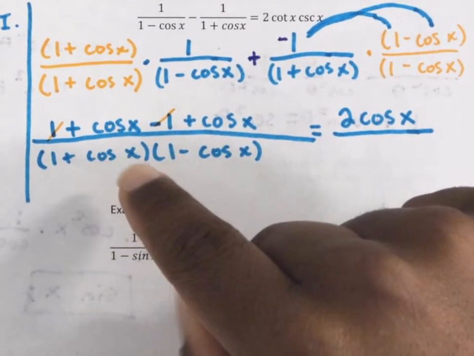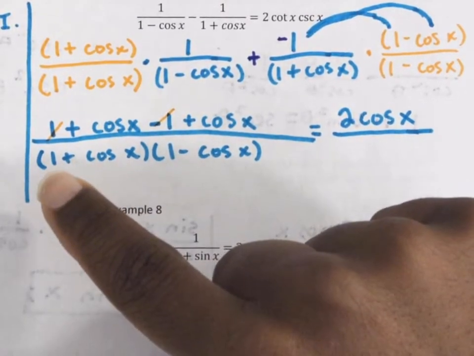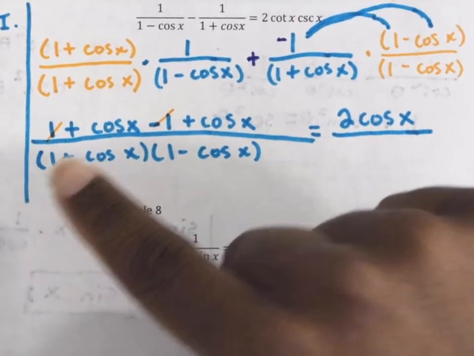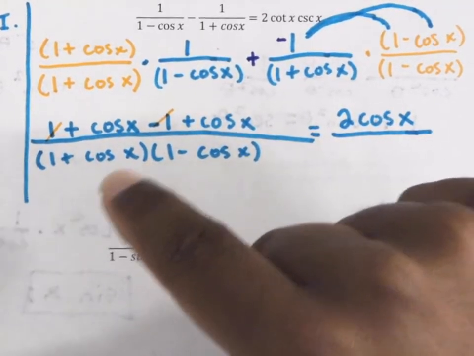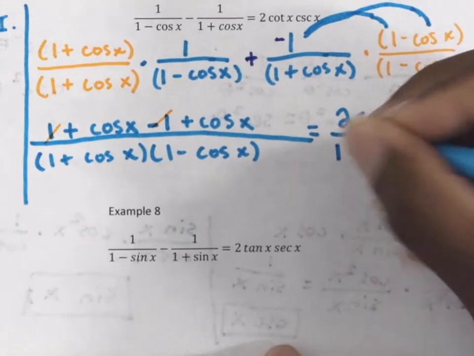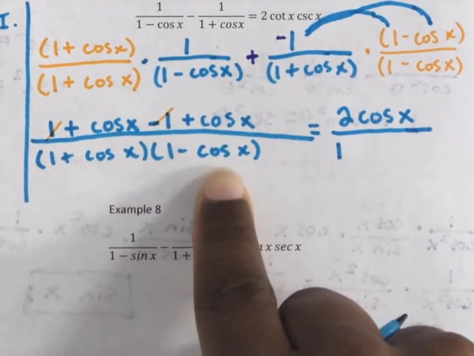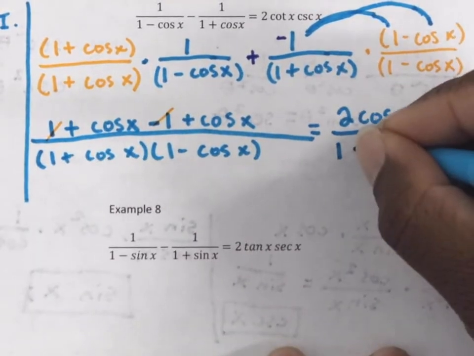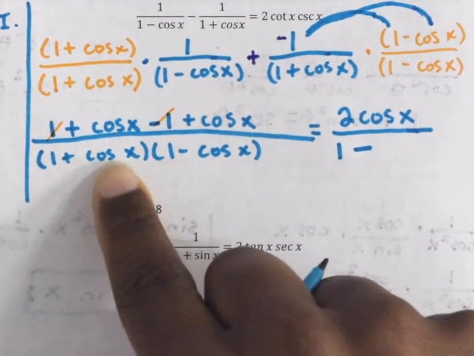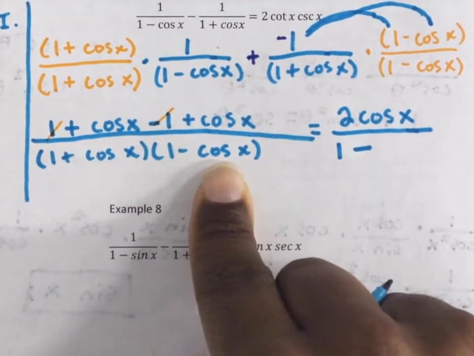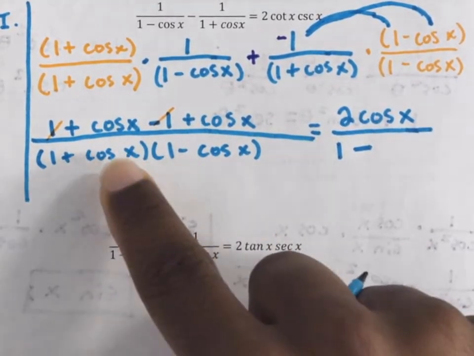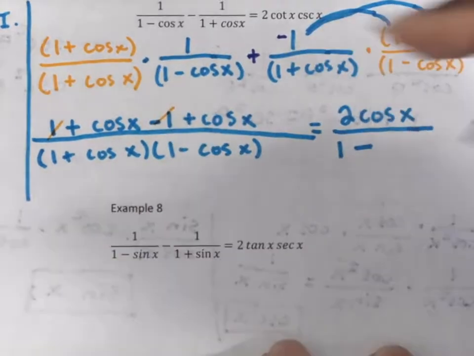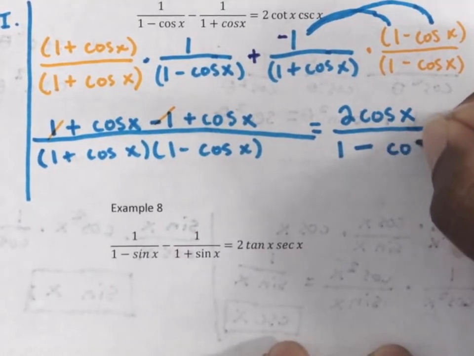The middle terms will go away. Say all that to say, all I need to do is first times first, 1 times 1. What's that? And then a positive times a negative when I do last times last will be minus. If this was x times x, it would be x squared. Since it's cosine times cosine, it'll be cosine squared.